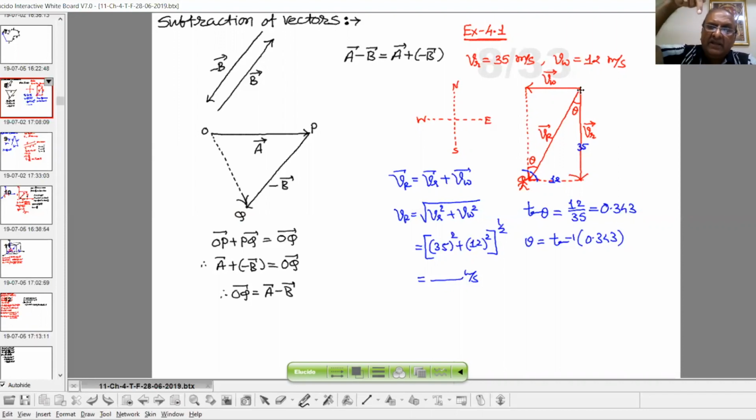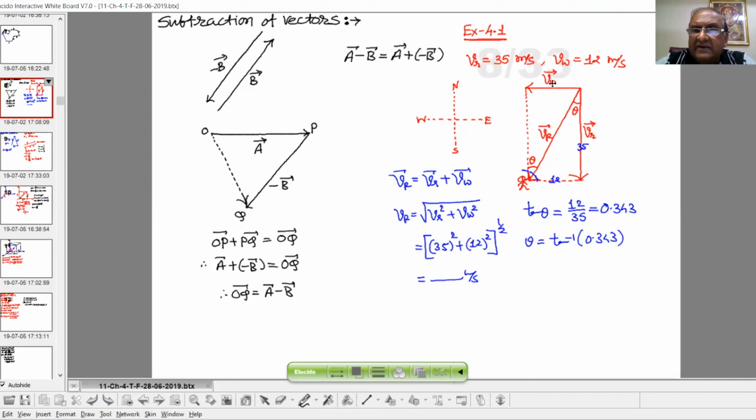Then rain is falling vertically downward. So another vertical downward vector is prepared, that is the velocity of rain. The magnitude of velocity of wind is 12, and the magnitude of velocity of rain is 35. These are given to you.